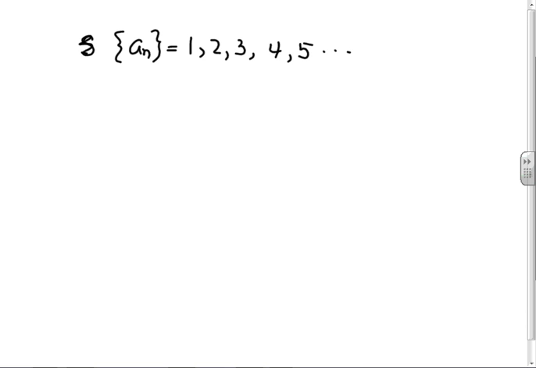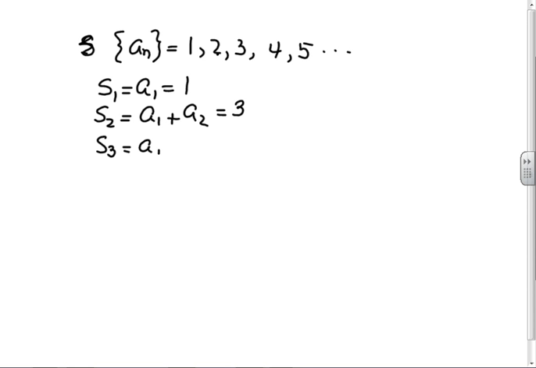So what's S1? It's equal to A1, which is equal to 1. Then what's S2? It's A1 plus A2, which is equal to 1 plus 2, or 3. S sub 3 is A1 plus A2 plus A3, and that's equal to 6.